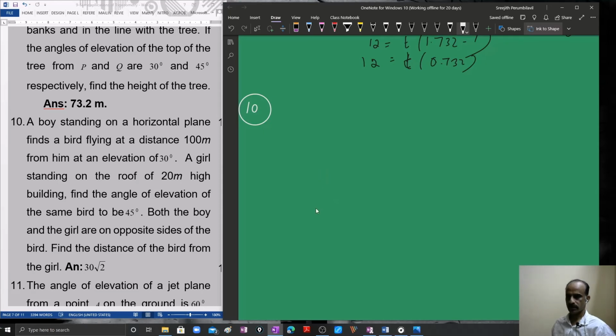A boy standing on the horizontal plane finds the bird at a distance of 100 meters from him, at an elevation of 30 degrees.